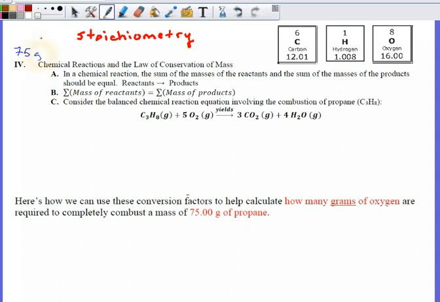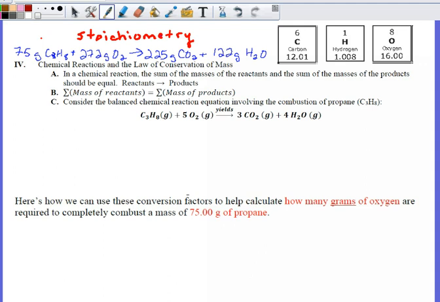75 grams of propane, C3H8, with say about 272 grams of oxygen gas, that you're going to produce about 225 grams of carbon dioxide and about 122 grams of H2O.